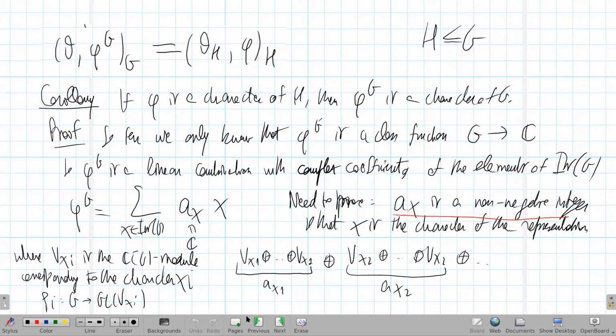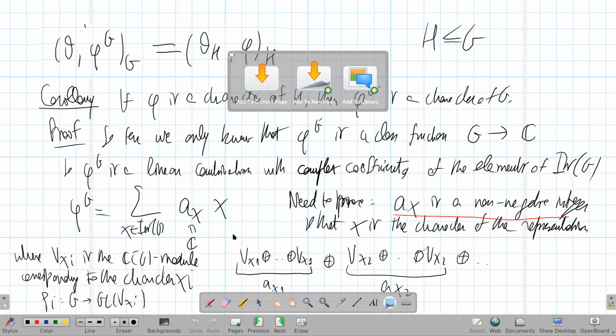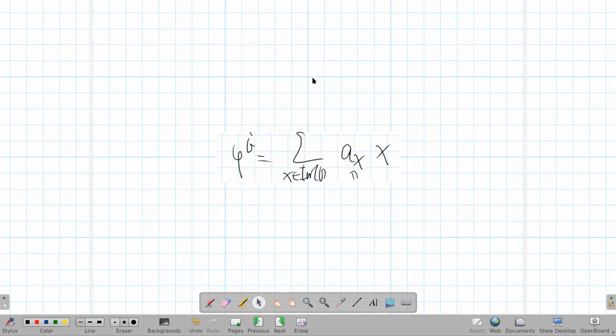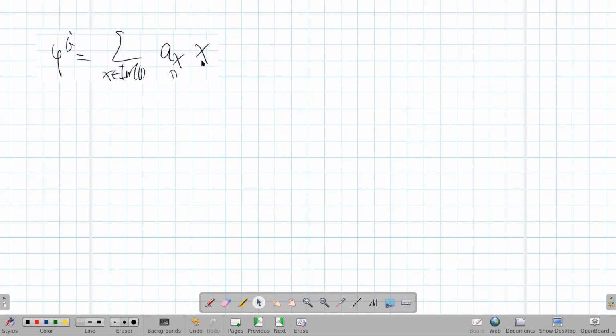So we need to prove that a chi is a non-negative integer.